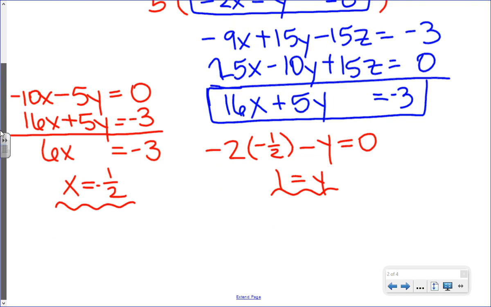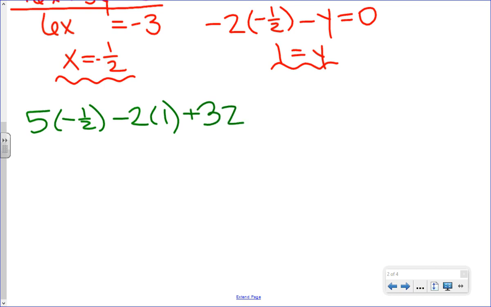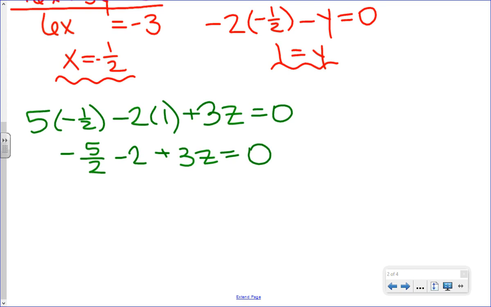Okay, 5x minus 2y plus 3z equals 0. So we have negative 5 halves minus 2 plus 3z equals 0.